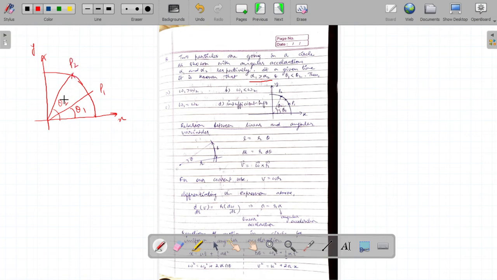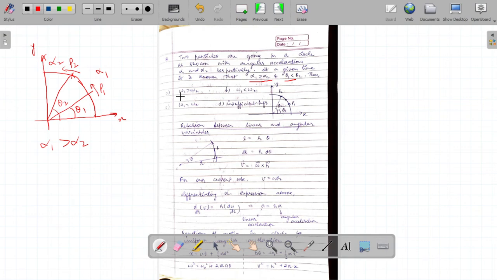It is given that angular acceleration at point 1 is greater than angular acceleration at point 2. That is, alpha 1 is greater than alpha 2, and as the figure suggests, theta 2 is greater than theta 1. The question asks whether we can find a relation between omega 1 and omega 2.